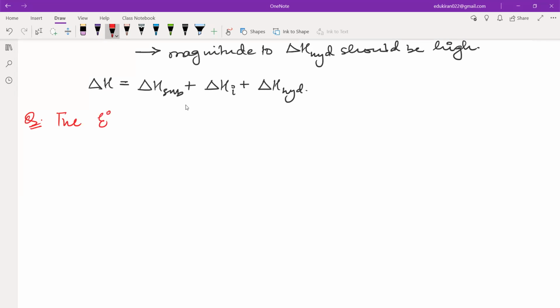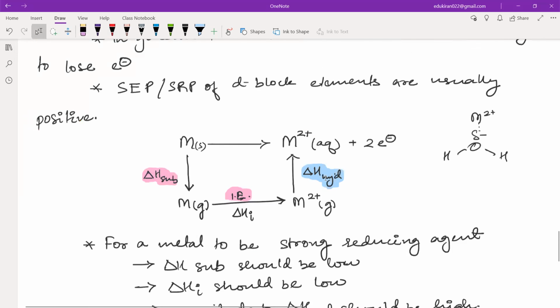The E naught of Cu2 positive to Cu is 0.34.